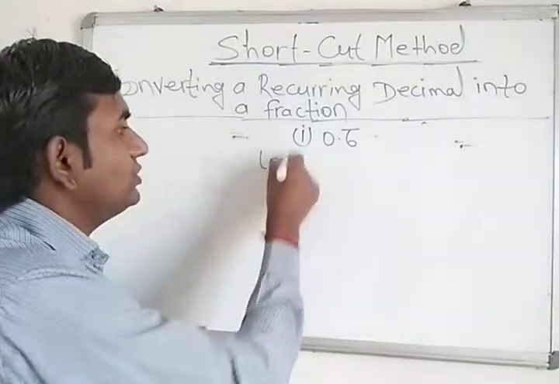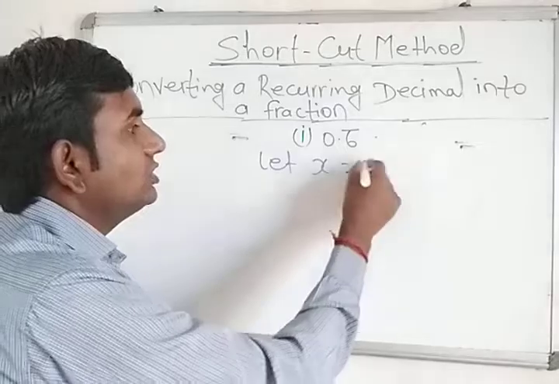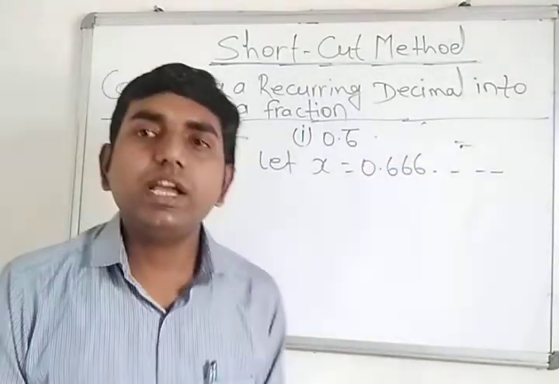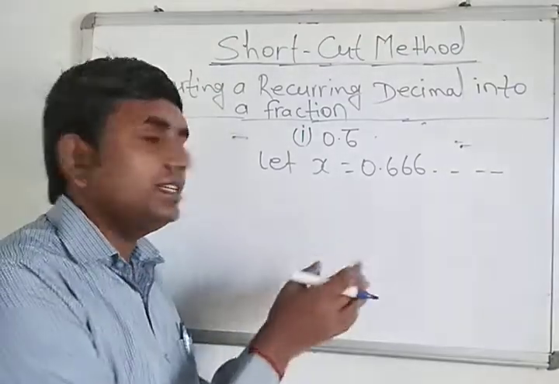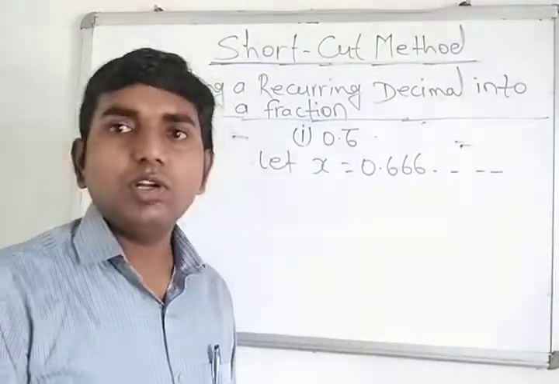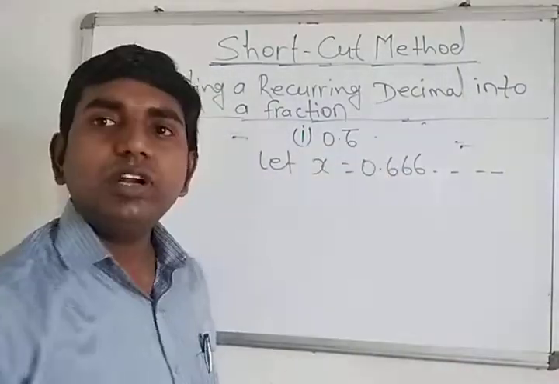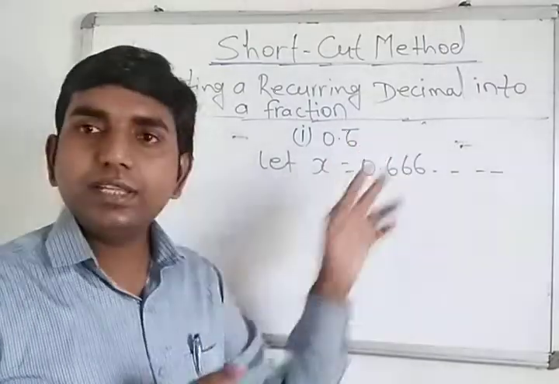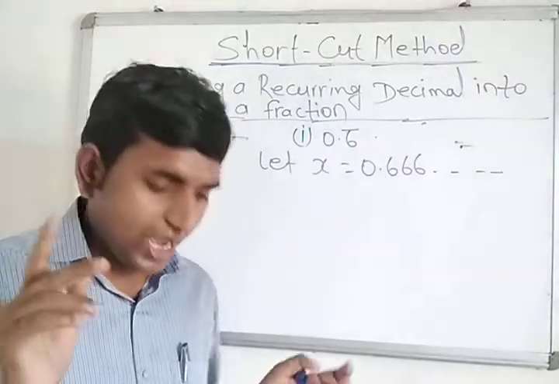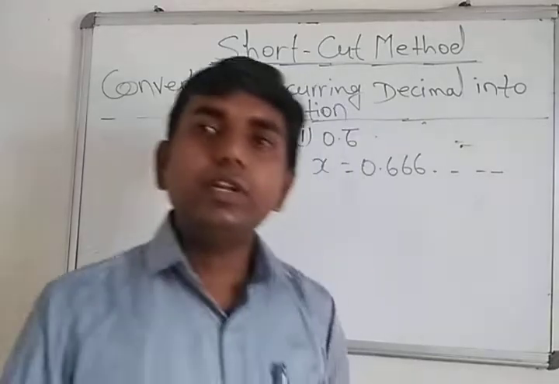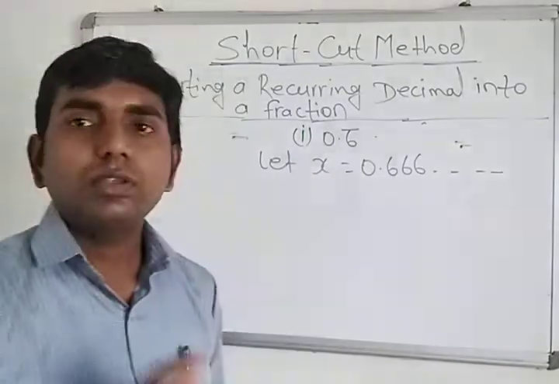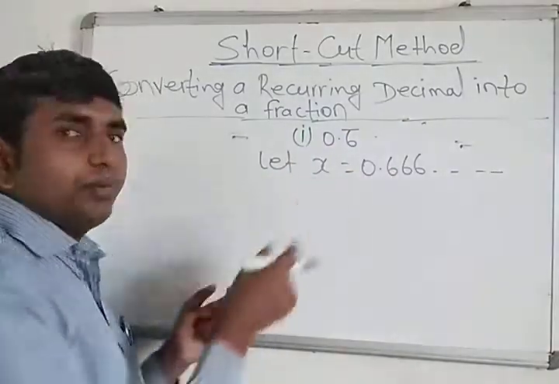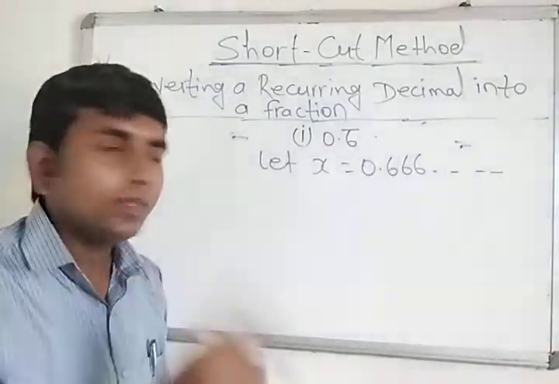First of all we assume let x is equal to 0.666 and so on. Then the next step is to consider how many digits are recurring after the decimal. If 1 digit is recurring, we multiply by 10. If 2 digits are recurring, we multiply by 100. If 3 digits are recurring, we multiply by 1000. Here only one digit is recurring, so we multiply by 10.